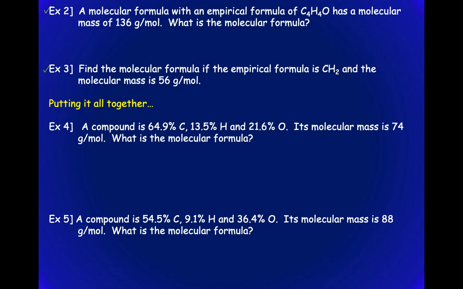And then if you want to put it all together, you would take the empirical one that we did in the previous examples and also find the molecular one, combining both ideas of empirical formula. So I'm going to let you handle these on your own and fight through them, and we'll get the answers up a little later on.